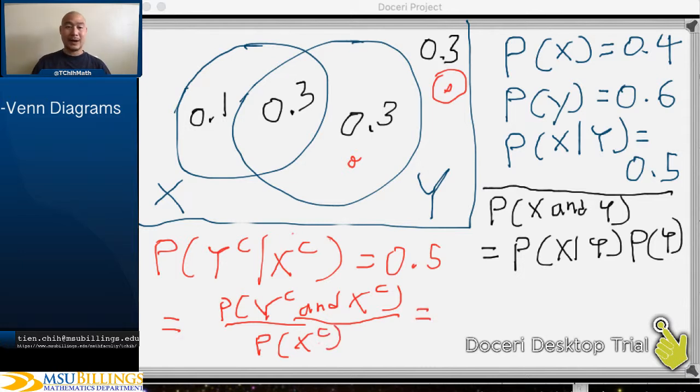Y complement and X complement means not in Y and not in X, so that's this region out here. Not in X means not in this circle, so it's these two regions whose total area is 0.6. We can either get that by adding together the two 0.3s, or we know there's 0.4 in here, so there's 0.6 outside. And 0.3 over 0.6 is 1/2, right?